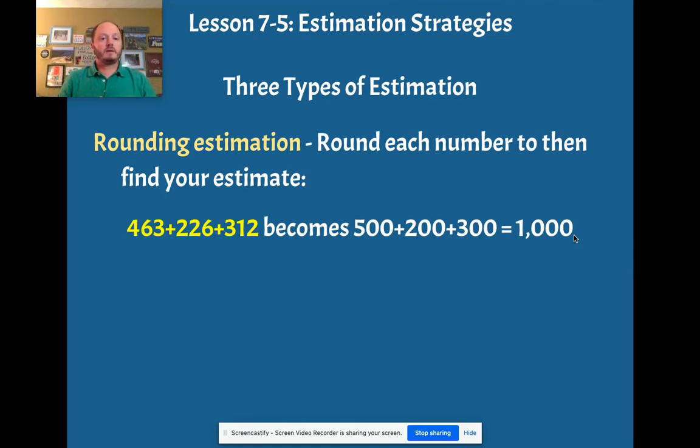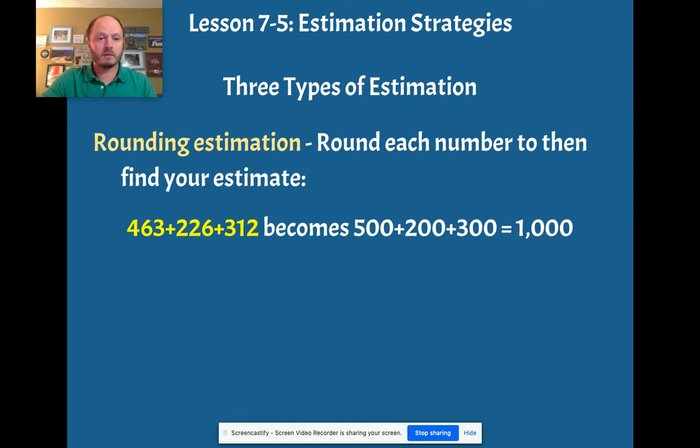Now, I did not share with you the exact answer. I want us to think about that on our own. I want us to compare our rounding estimation with the exact answer. All right. And after we do that, we're then going to think about 2 other ways to estimate.